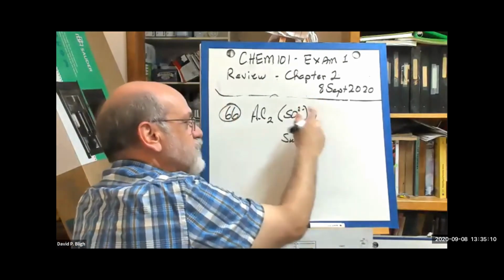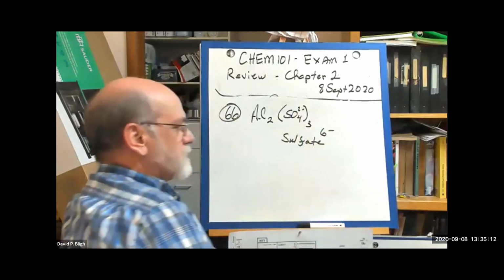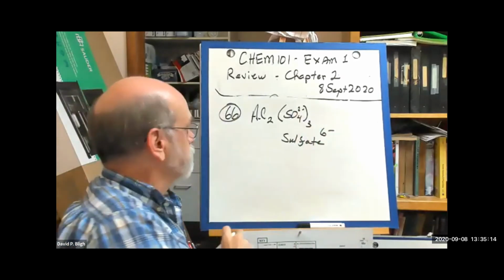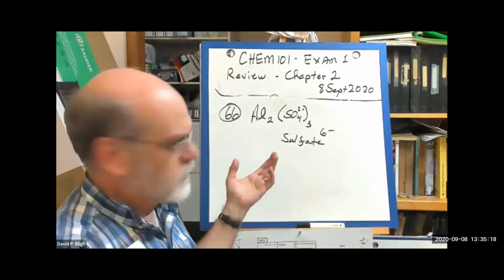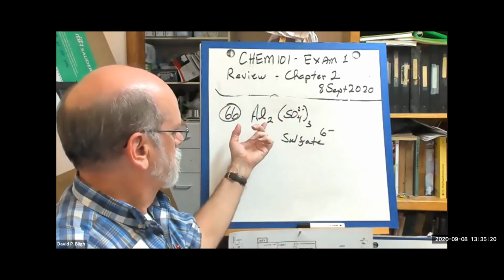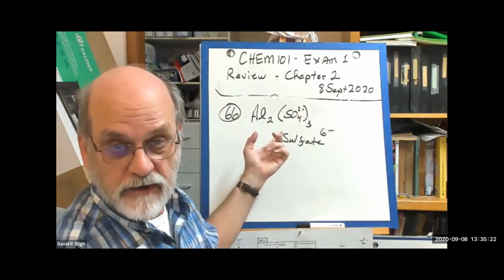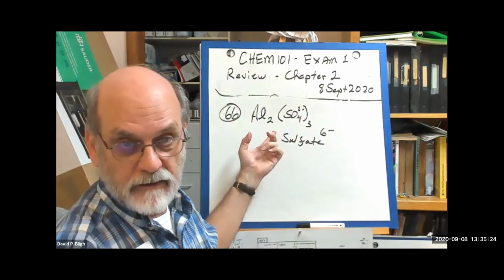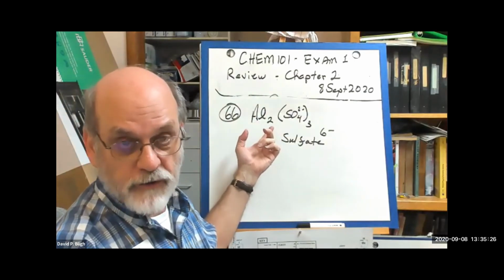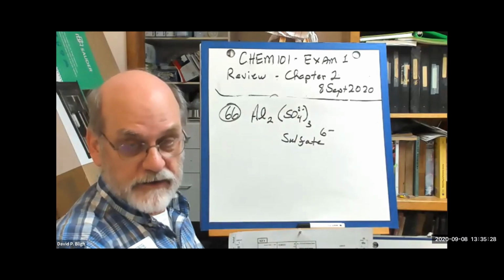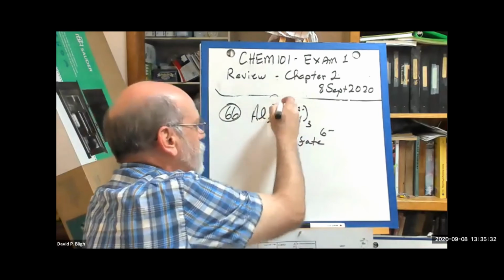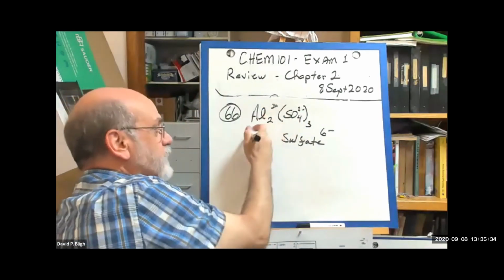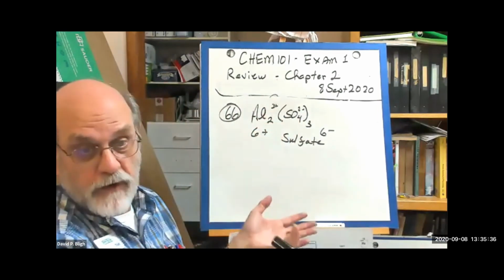So 3 times 2- is 6-, right? Do we even need to know? Because aluminum is a type 1 metal, and it's always a 3+ charge, right? It's in the boron family, so it's always 3+. Does that match? Yeah. 2 times 3 is 6+. So we know the charges match.